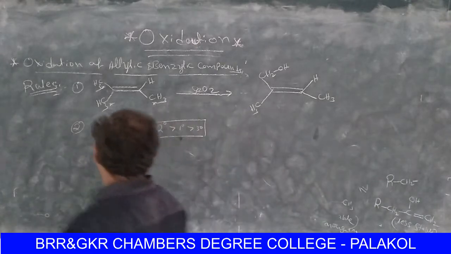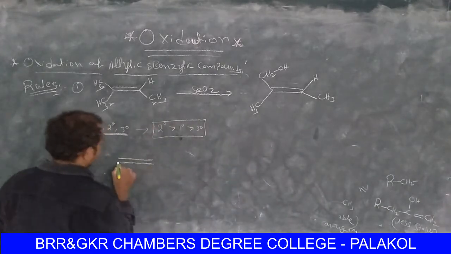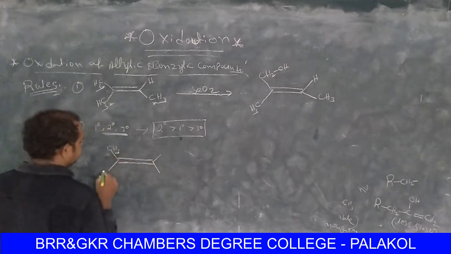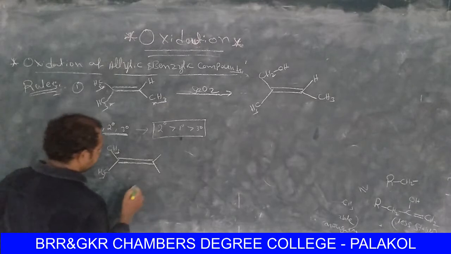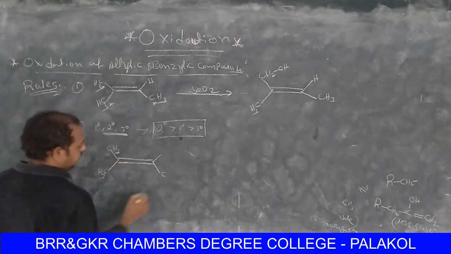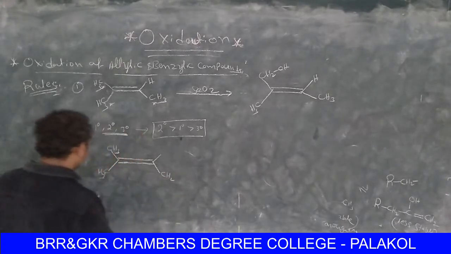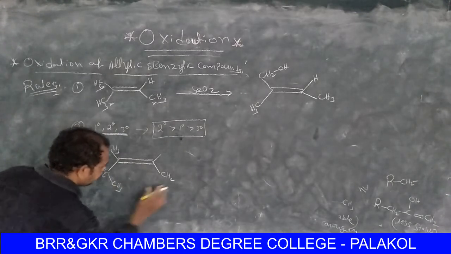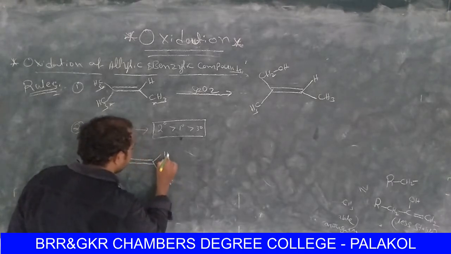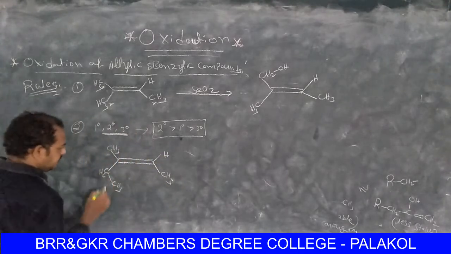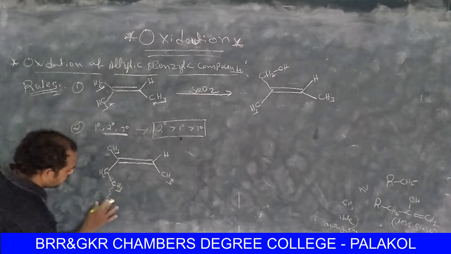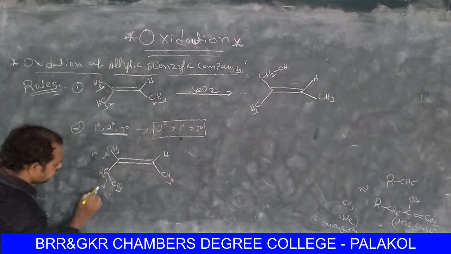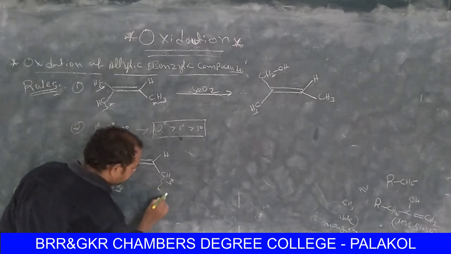For example, suppose we have a compound like this, with CH3 and CH3, CH2, CH3 and CH3 here, right? Hydrogen here. Take a look here. This is a primary allylic carbon. This is secondary, and this is primary also.